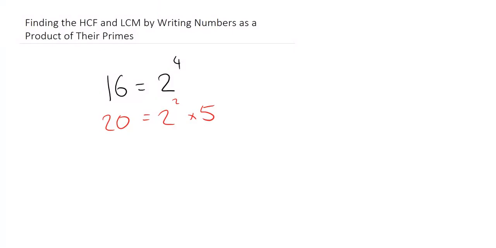So let's start off with the HCF of these two numbers, 16 and 20. So what we're going to do is just look at the two writings in terms of their primes and compare them and see what's the same. Now, to help us do that, perhaps it's easier just to write this in regular form without the exponents.